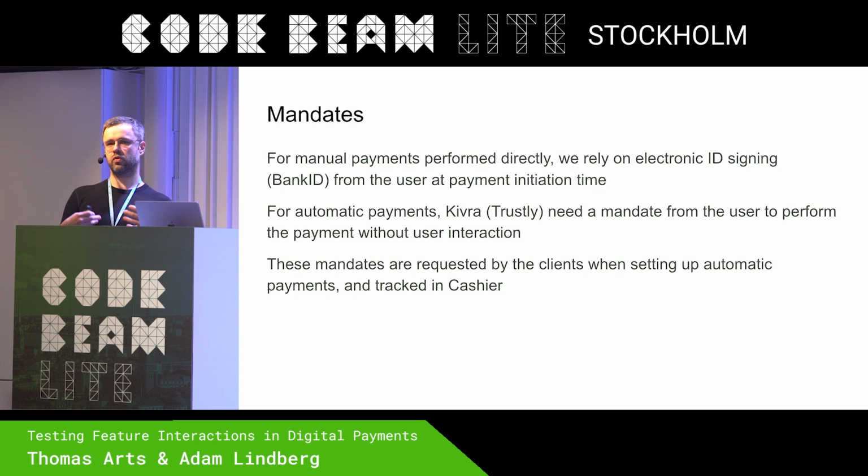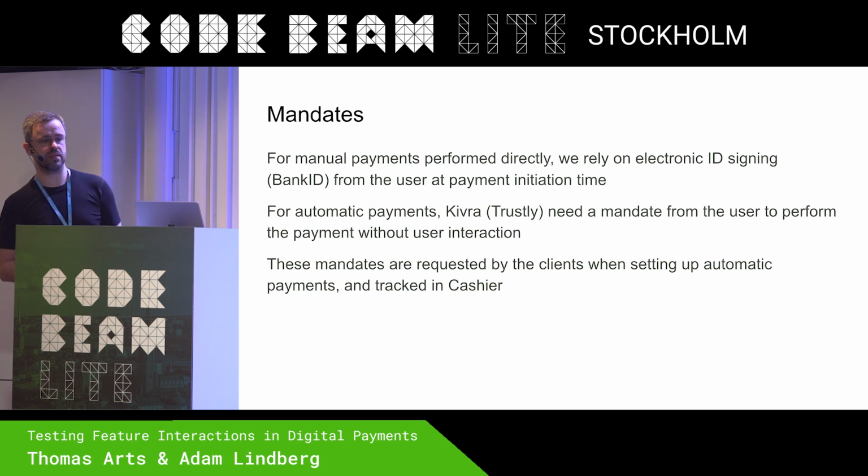But if we need to pay an invoice automatically on behalf of the user, we need a mandate from the user. So they need to sign a mandate ahead of time. And then every month when you get an invoice, we can execute a bank transfer on behalf of the user. These mandates are requested by the client when you set up this feature, and then we store them in a database and use them towards the payment processors to have the right to do these things automatically.